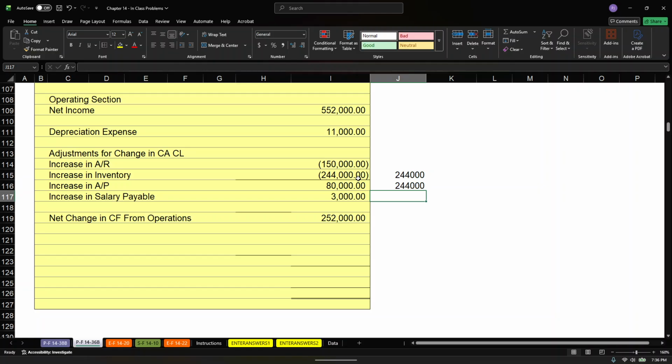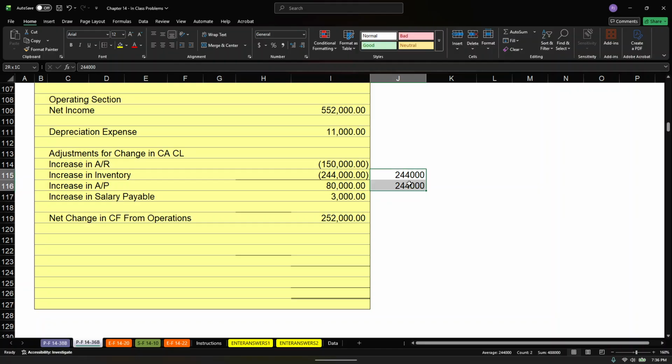Okay? So though we're looking at each one individually and making adjustments, since they're related, you know that they're going to offset. For example, if you bought inventory with accounts payable, there's no cash that was transacted there, right? So you would expect that there would be no net adjustment to cash because that whole series of transactions was not involving cash at all.